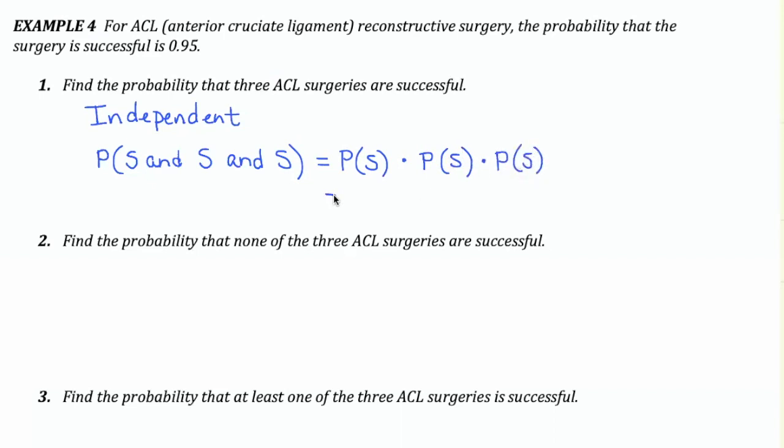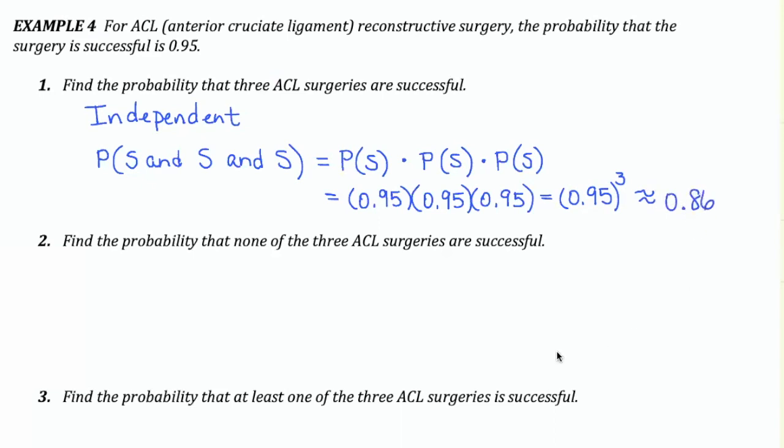So in other words, I'm going to be taking 0.95 times itself 3 times, or again, you can choose to write that in exponential notation as 0.95 to the third power. And when you calculate that value, you should get approximately 0.86, or an 86% chance that 3 surgeries would be successful.